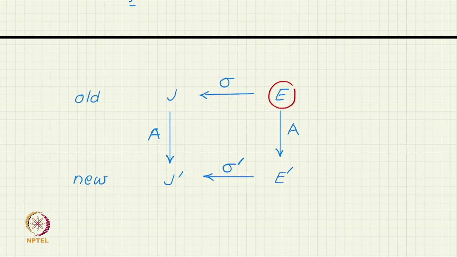So, now let us start at this point E and come to j prime. I want to go from E to j prime, but you can see that there is no direct route. So, either I take the red route, go from E to j and from j to j prime, or I take the green route. I go from E to E prime and then from E prime to j prime.